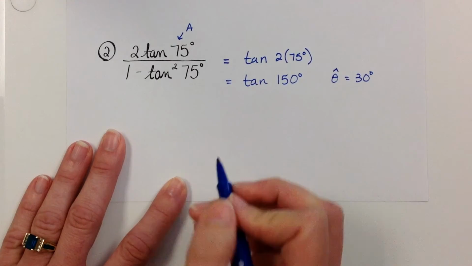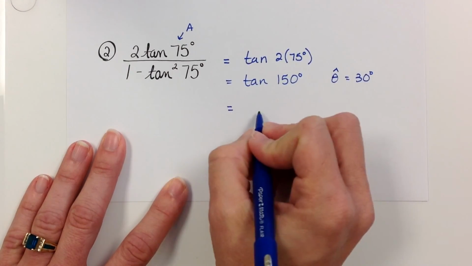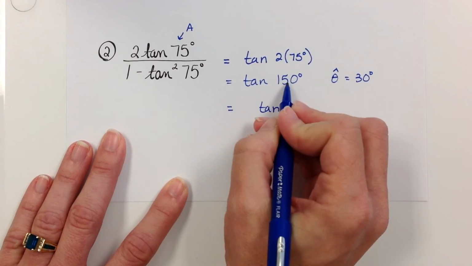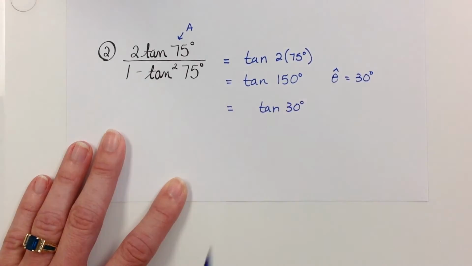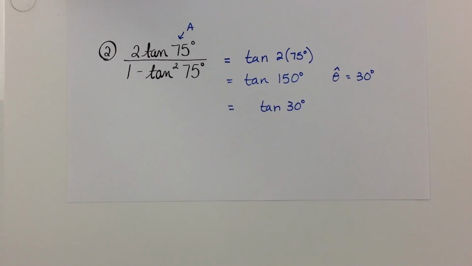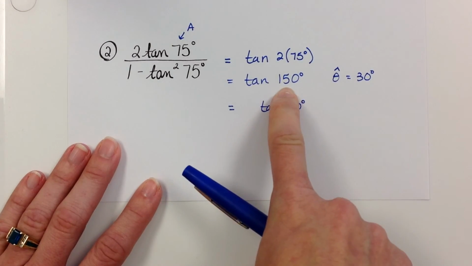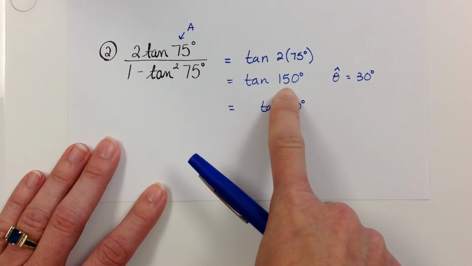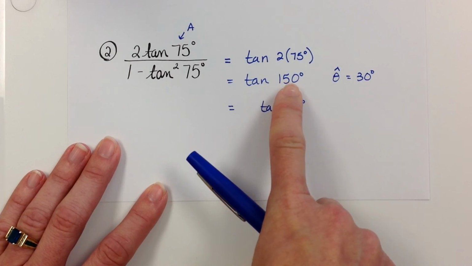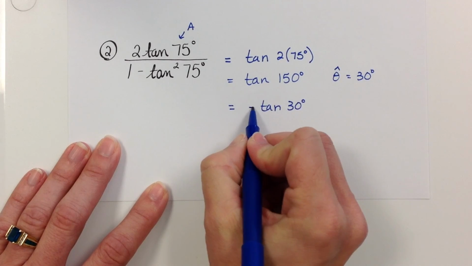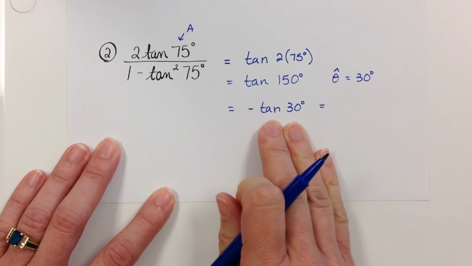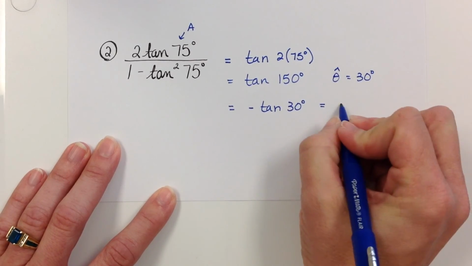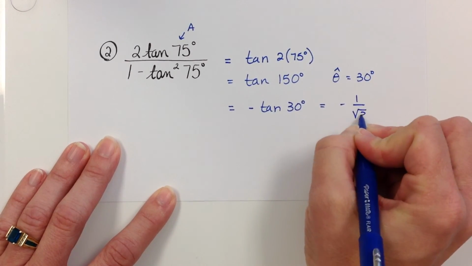So we can use that to help us out here. We'll replace 150 degrees with 30 degrees. Now, we do have to decide positive or negative, and that's based on the angle that we're actually trying to get the value for. 150 degrees is in the second quadrant, and tangent's going to be negative in the second quadrant. Straight off of your values, tangent 30 degrees is 1 over square root 3, so that would be negative 1 over square root 3.